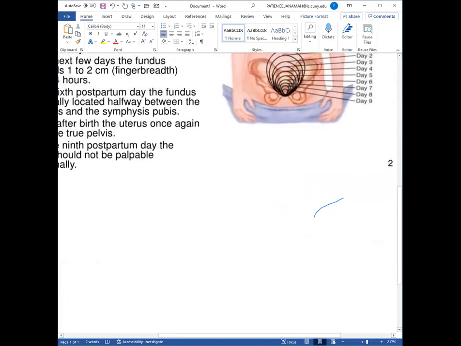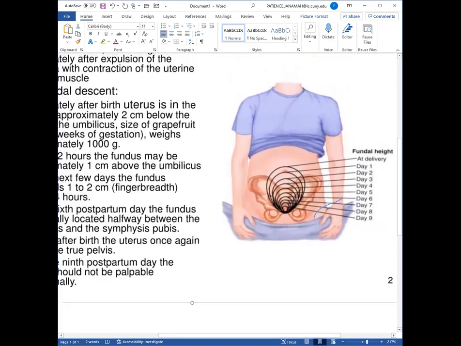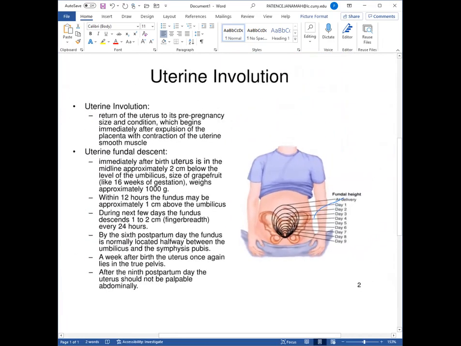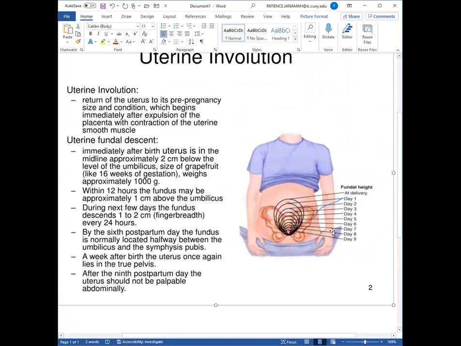Let me just magnify it a little bit for your view. So starting from day 1, you see the fundal height immediately after delivery, it starts coming down. So this is normal and what is expected immediately after delivery.